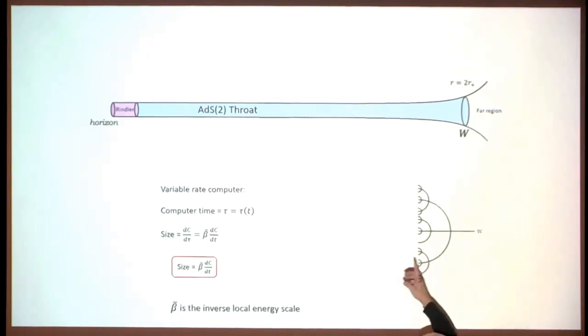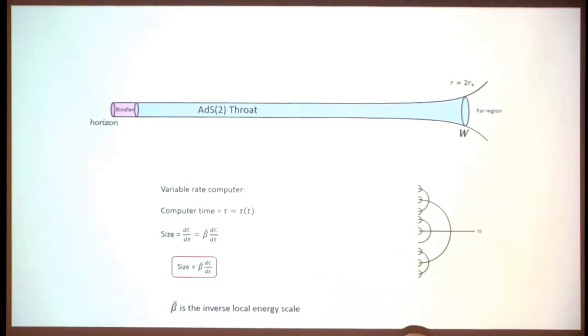As the system moves down through the throat, it comes to different places, and that beta tilde is the inverse temperature of a black hole whose horizon was right at the position that we're talking about.